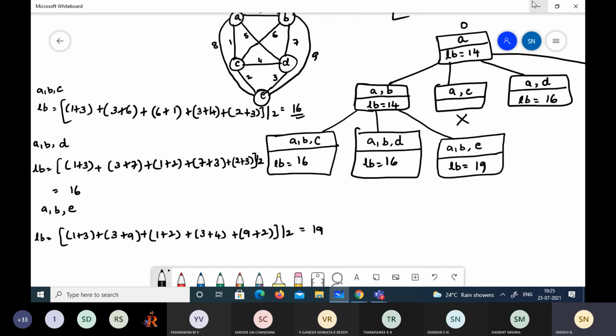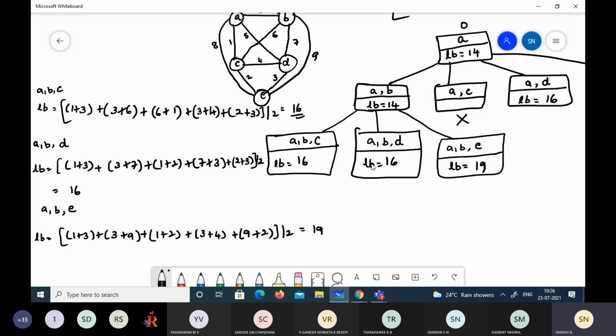Okay. What we did is, first we tried going to B. From A, check. We have a path for D, we have a path, and for E also we have a path from B. So we just fixed those edges and calculated the lower bound, and we got these lower bounds. Among these, we'll move further.